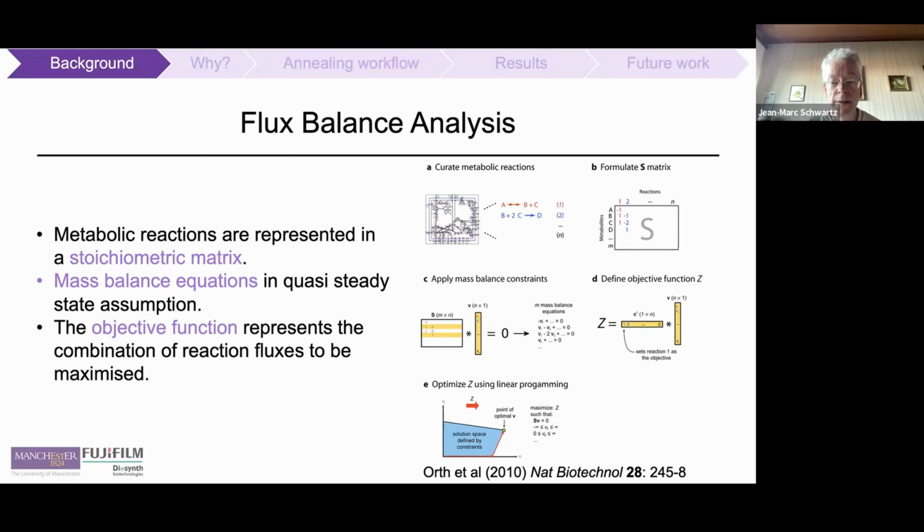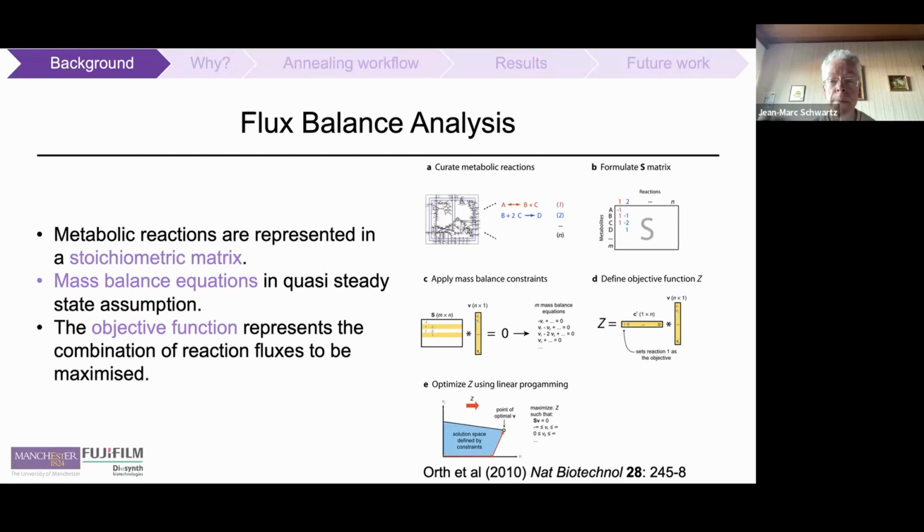And then there is one more crucial step, which is to define an objective function. The objective function represents the combination of reaction fluxes to be maximized, and it is then maximized using a linear programming algorithm. Essentially, this little panel E here summarizes how it works.